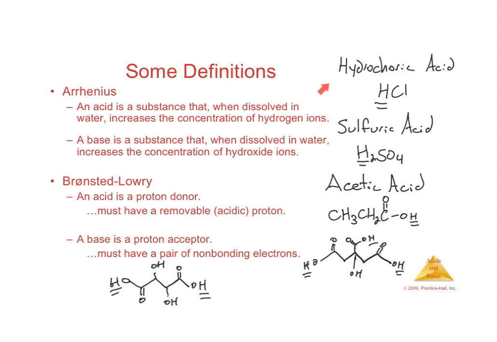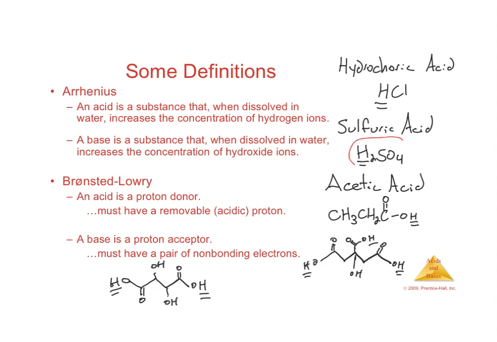Some acids that you might be familiar with include hydrochloric acid, HCl, which is active in your gastric juices, sulfuric acid, H2SO4, which is a major component of car batteries, acetic acid, do you see the acidic proton here, which is in vinegar, and citric acid and tartaric acid, which are used on the coating of Sour Patch Kids.